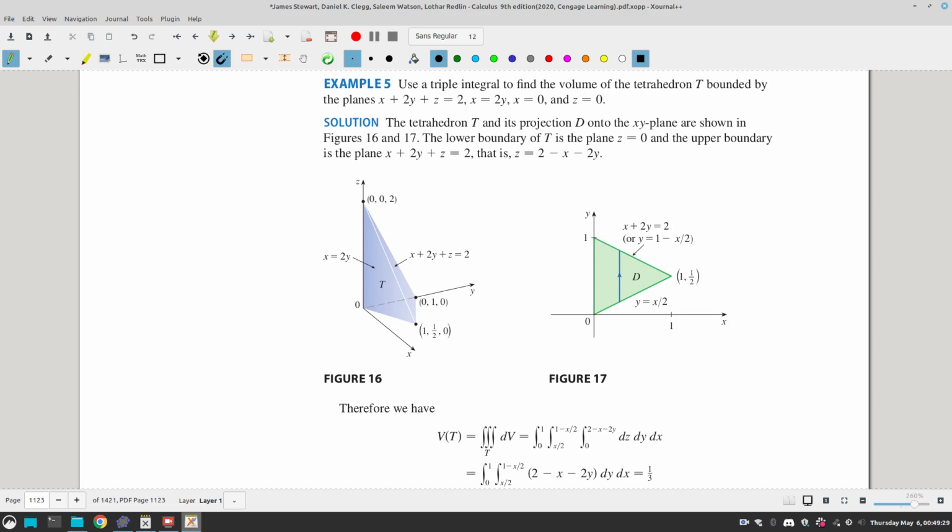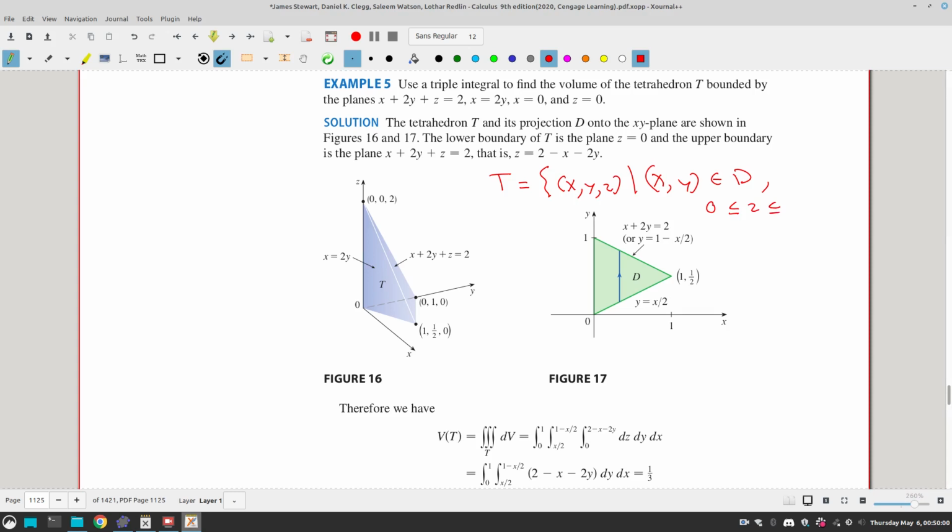So your E or your T, whatever you choose to call the region, has (x, y, z). Now the projection of this region. So first of all, you write it this way: (x, y) in D, and then z goes from 0 to 2 minus x minus 2y. Right. So this is the region T.